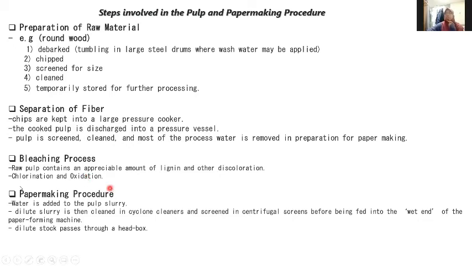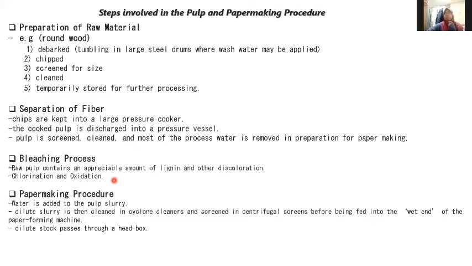These include chlorine dioxide, chlorine gas, sodium hypochlorite, hydrogen peroxide, and oxygen. The bleaching agents and the sequence in which they are used depend on a number of factors such as the relative cost of the bleaching chemicals, and the type and condition of the pulp.